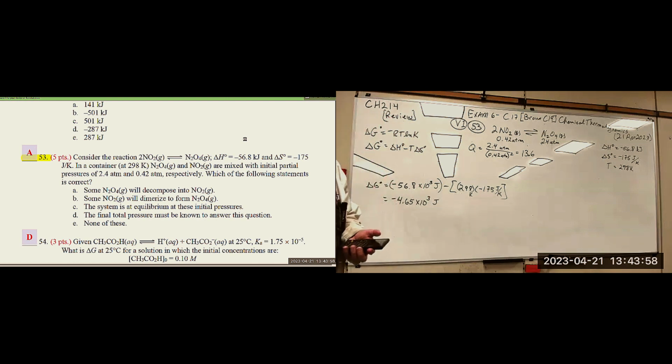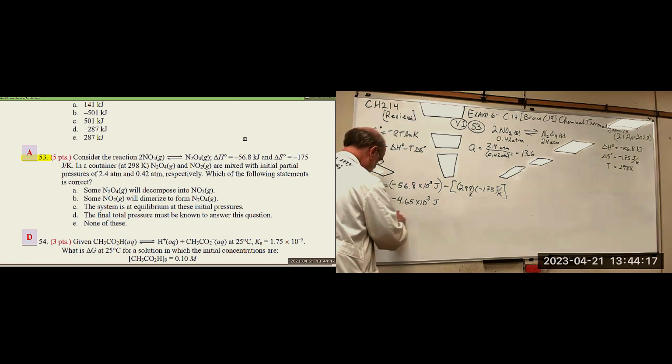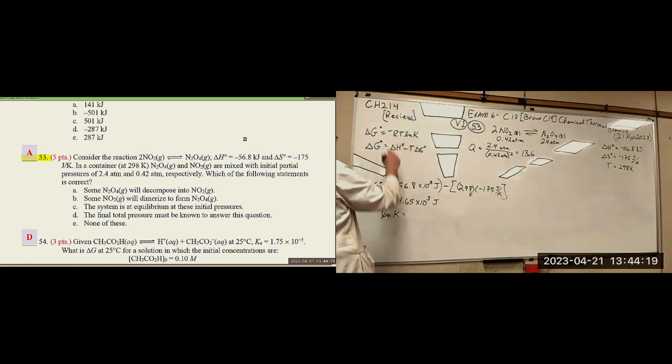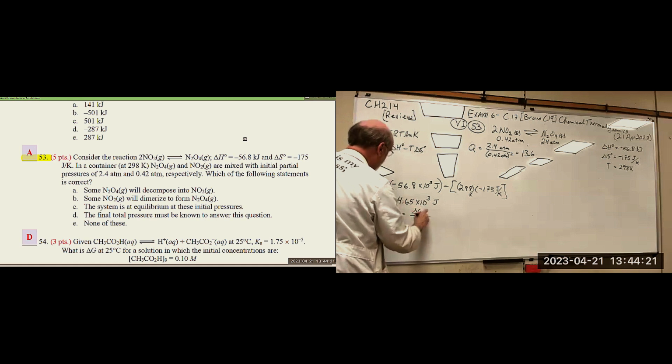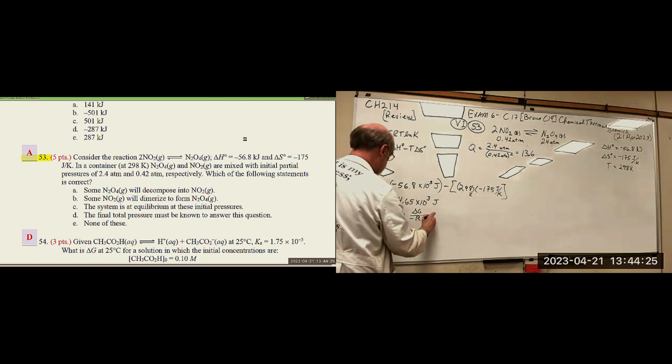Okay. I can't really refer to this because we're doing it in two steps. Now we can take this one and solve it for K. Well, actually, the best we can do is log K. Log K then would be delta G divided by negative RT.